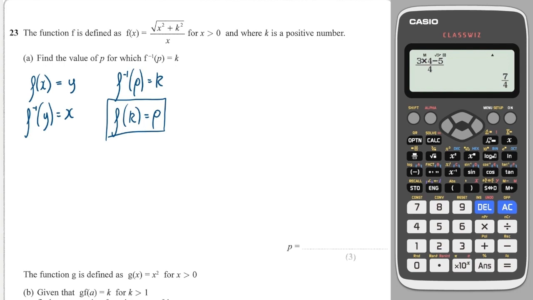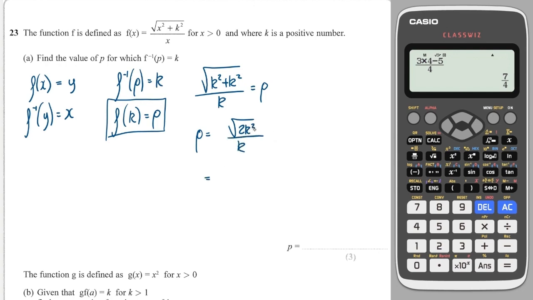So sub in k. Subbing in k for x is going to give me k squared plus k squared, all square rooted, over k. And we're told that's equal to p, which is great because p is what I'm trying to find anyway. This is going to give me the square root of 2k squared over k.